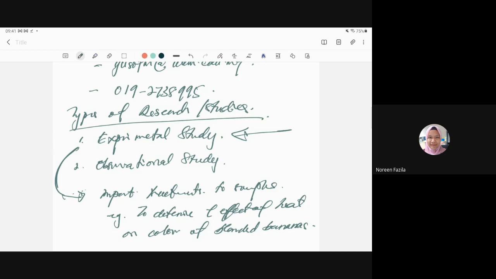However, even in nutrition, you may need to use experimental studies. So it doesn't mean that what you learn in this course will not benefit you as nutrition students. In certain cases, you will be required to do an experimental study.